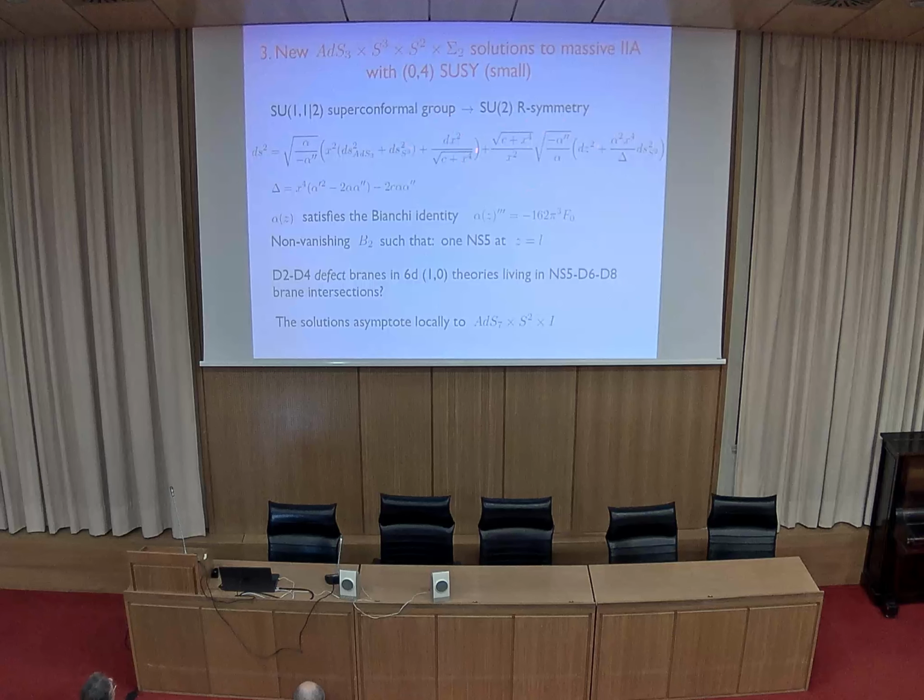So this is a nice example of solutions asymptotically, as I was saying, to a higher dimensional AdS space. We try to interpret them in terms of D2, D4 defects in the field theory that lives in the brane intersection that underlies the Tomasiello solutions, which is NS5, D6, and D8. Because indeed, this is the collection of branes that we have associated to these solutions. We have the fluxes for all of them.